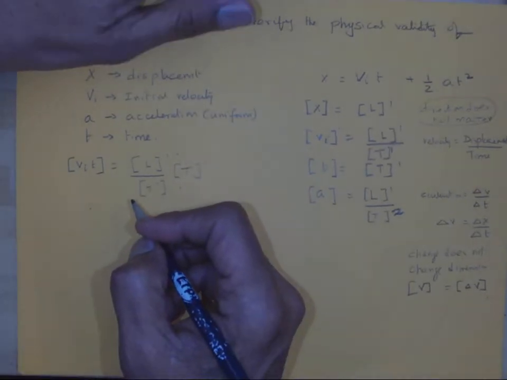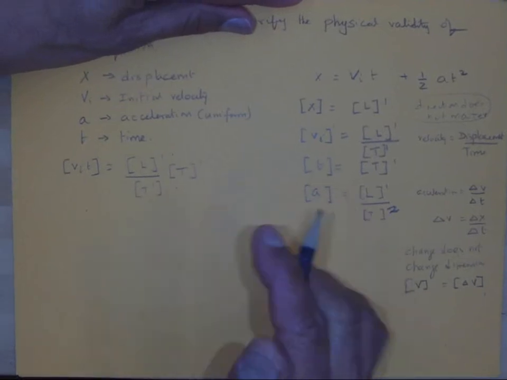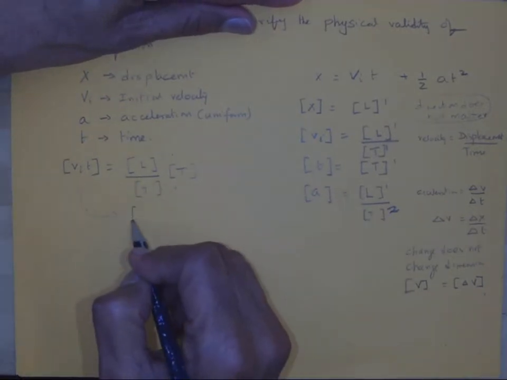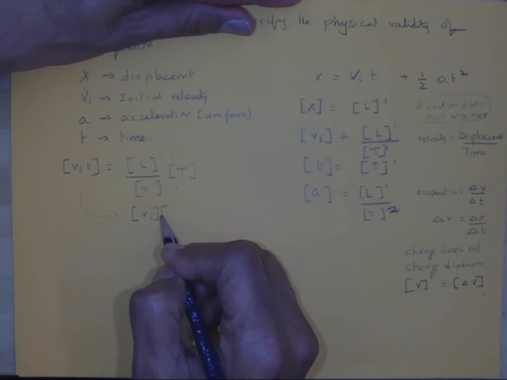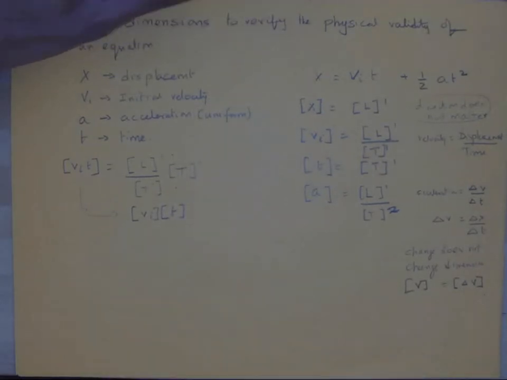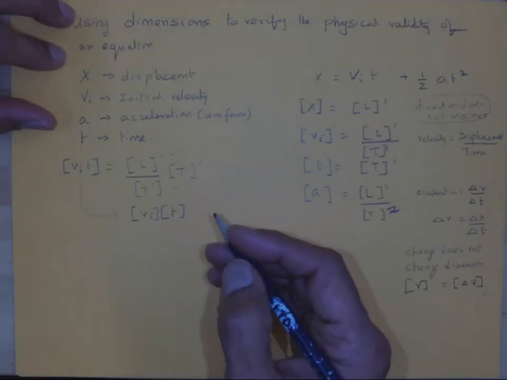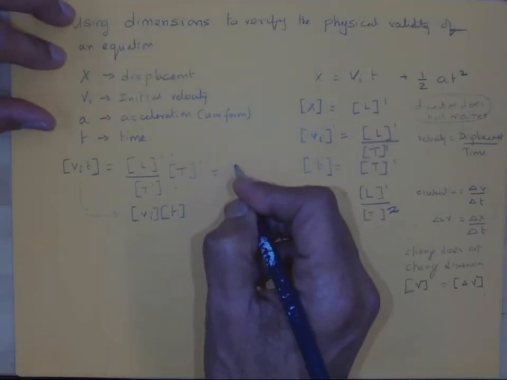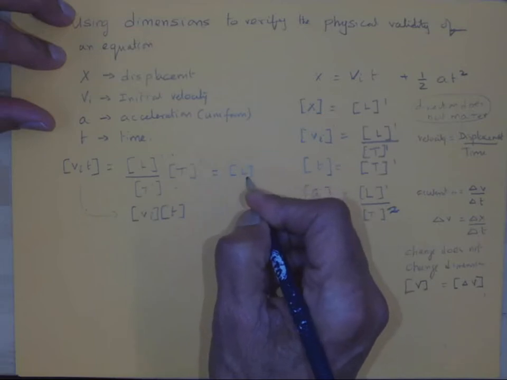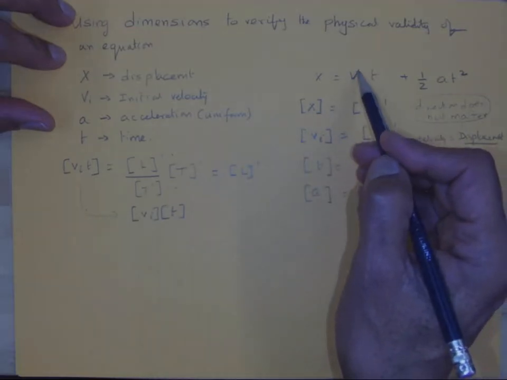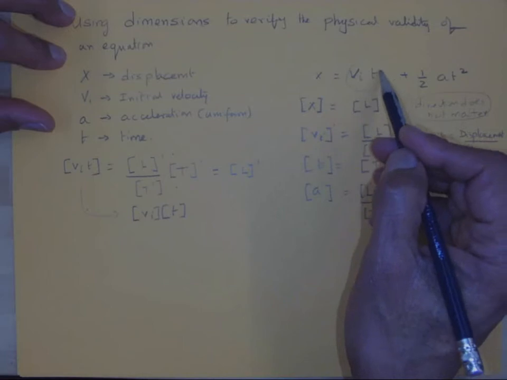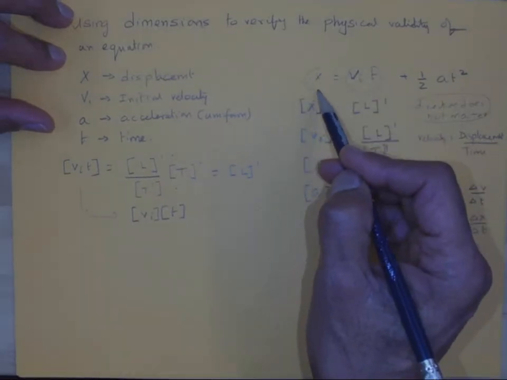So what we are saying here is that this quantity is nothing else but dimensionality of v sub I times dimensionality of t. So we can multiply quantities of two different dimensions. Though we cannot add or subtract quantities of different dimensions, we cannot equate quantities of different dimensions, but we can multiply quantities of different dimensions. So this would give me just L raised to 1. Aha! That means dimensionality of the first term is same as the dimensionality of x.